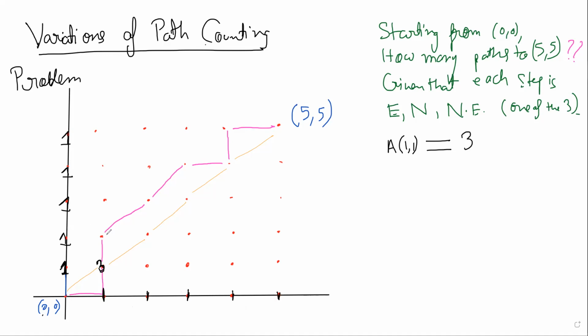Now, what number should I put here in this new circled dot, which is 1, 2? Why 4? So I'm just asking the number of ways to go to 1, 2.